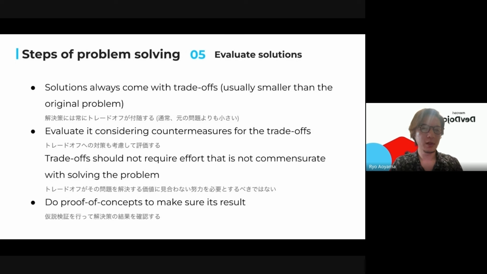So we have to take into account how to manage the trade-off when we solve a problem. However, if the trade-off seems to be much greater than the actual improvement, then probably it's better not to go with that particular solution. And when we evaluate the solutions, we need to validate against the hypothesis to confirm that that solution will really work.